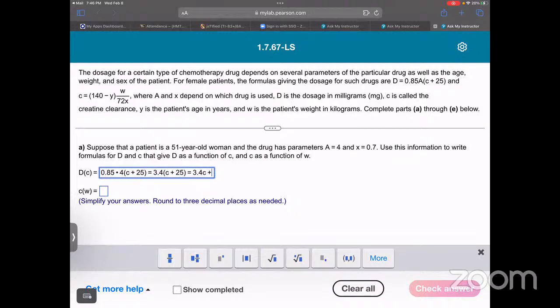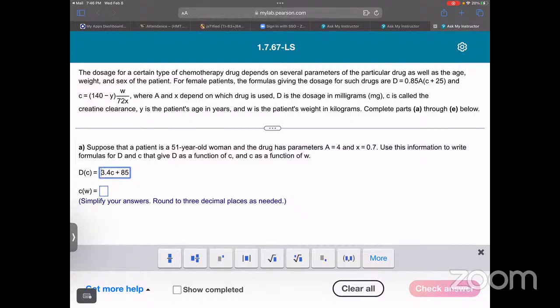So I'm going to get rid of everything else. Is that okay, what I did there? Before I get rid of this stuff? Okay, we're going to go with that. So we have the dosage in terms of C.